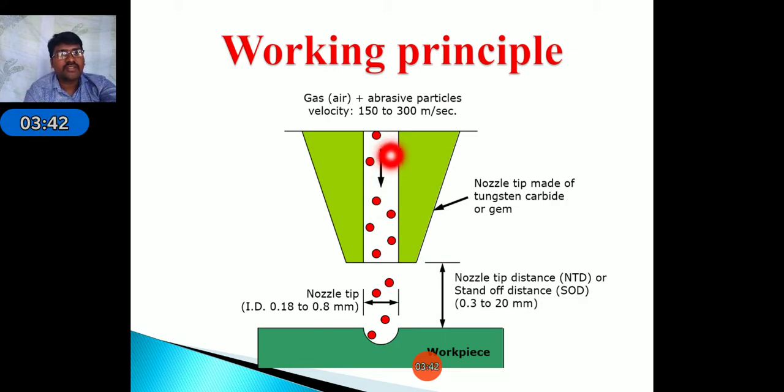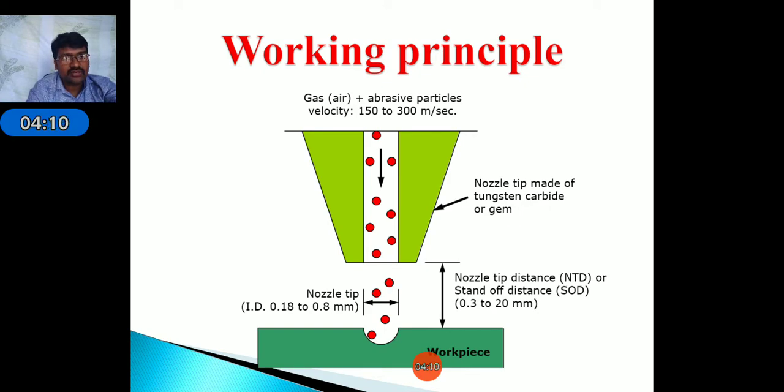Here the pressure energy is converted into kinetic energy. From the end of the nozzle, with more kinetic energy, it hits the workpiece. Due to the hitting, the machining process, that is the erosion of the material, takes place. The nozzle is made of tungsten carbide material.